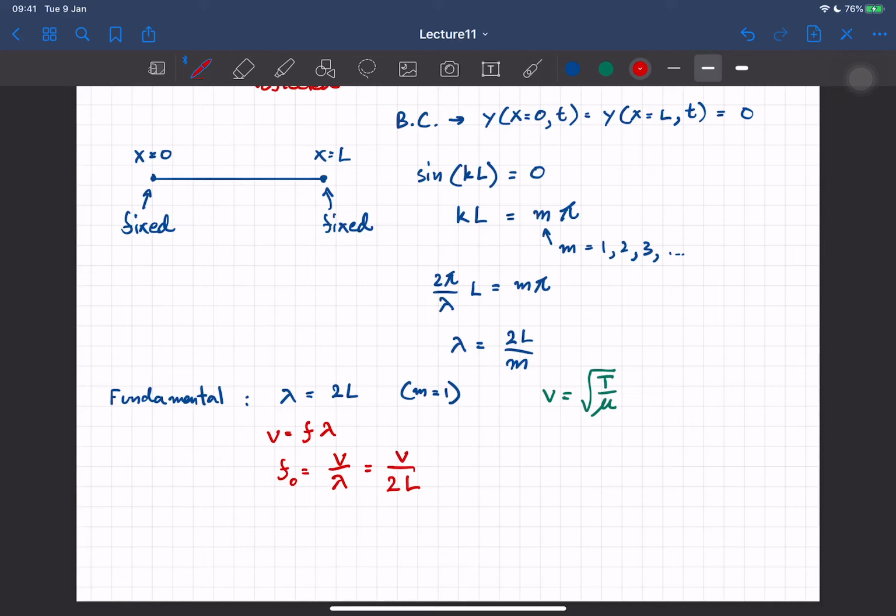It probably does not make sense to start from 0 and then go to 2, but that doesn't matter. It's the lowest possible value for frequency that we have here. So this is called the fundamental frequency of the system.